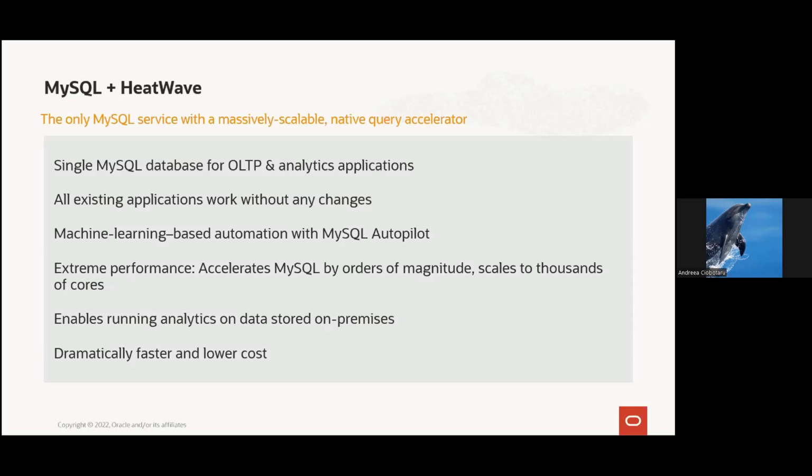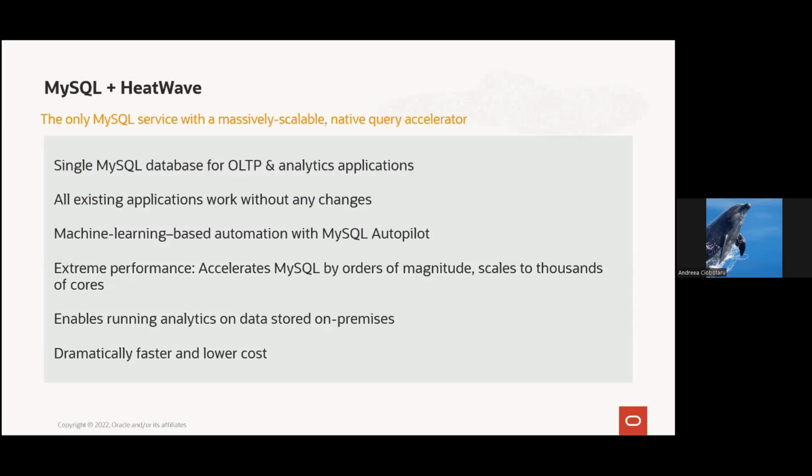It is compatible with all the existing applications and connectors. And as you follow all the webinars, you probably know that we already have MySQL Autopilot, it's not that new anymore, we have had it for a while. It is based on machine learning algorithms, which automates a lot of the provisioning, data loading, and so on, and also failure handling and everything.